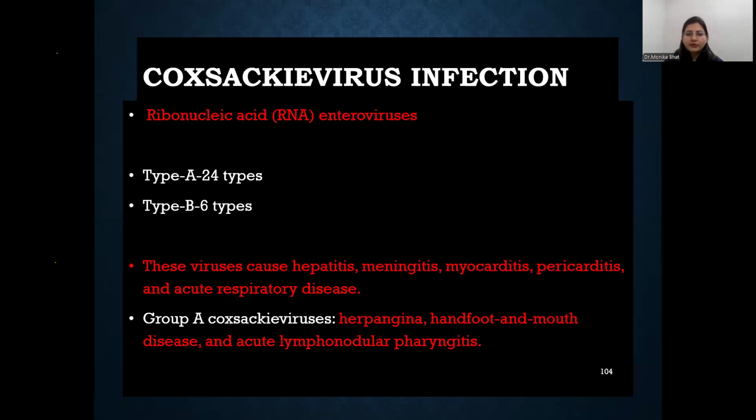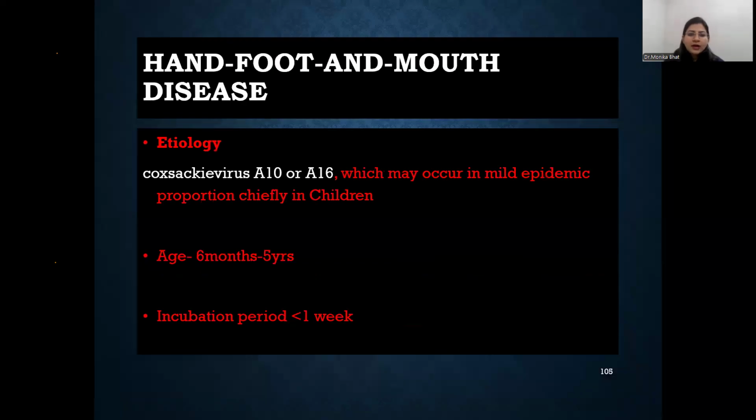Group A is associated with herpangina, hand, foot, mouth disease, and lymphonodular pharyngitis. In hand, foot, mouth disease, the coxsackievirus types involved are A10 and A16, which may occur in mild epidemic proportions, chiefly in children.